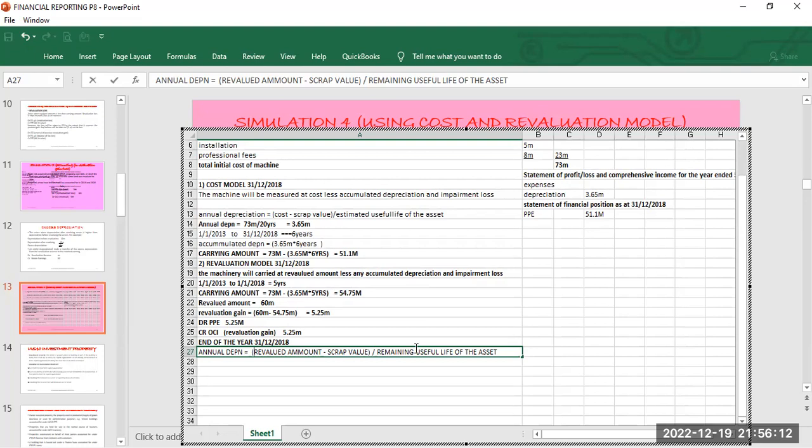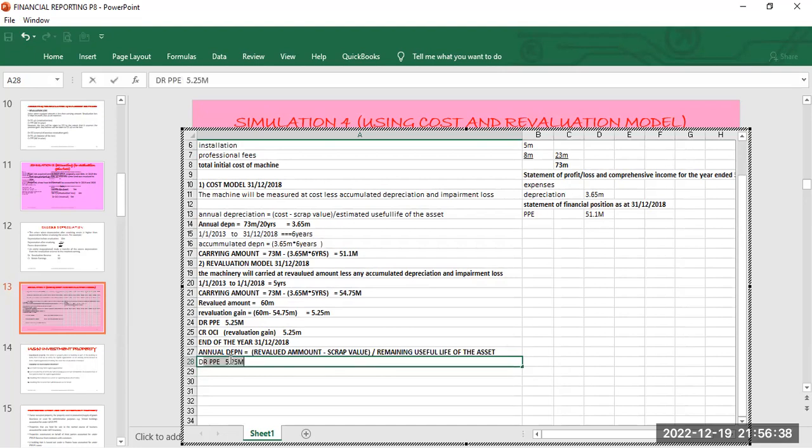Then from there you can deduct and go with the 15. But if the question gives you the remaining useful life, even if it is less than the remaining, please take what they have given you.